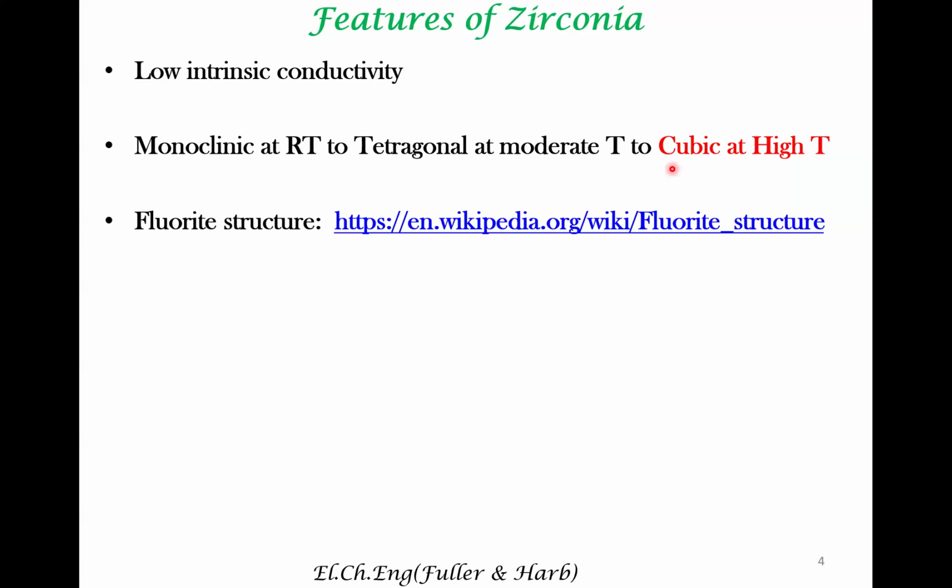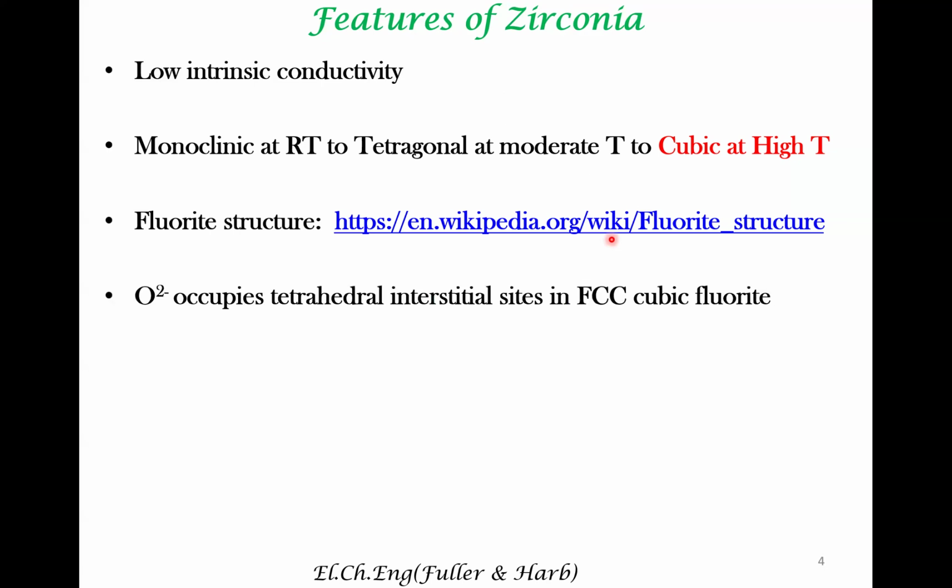If you're unfamiliar with all these structures, especially the fluorite structure, please refer to this wiki link to understand what is a fluorite structure. So in zirconia, oxygen anions occupy tetrahedral interstitial sites in an FCC cubic fluorite structure.